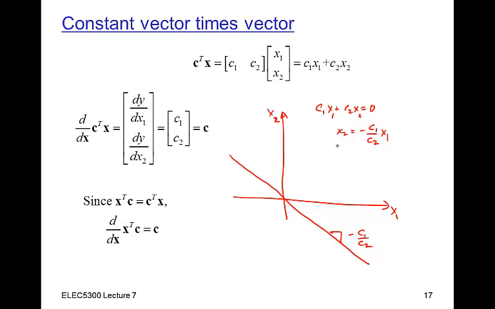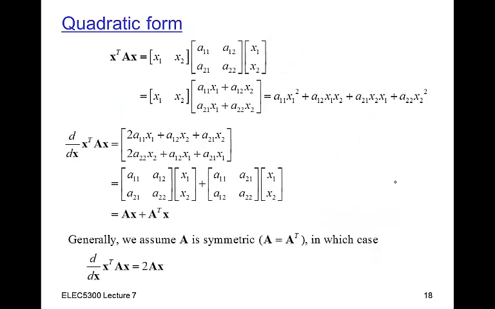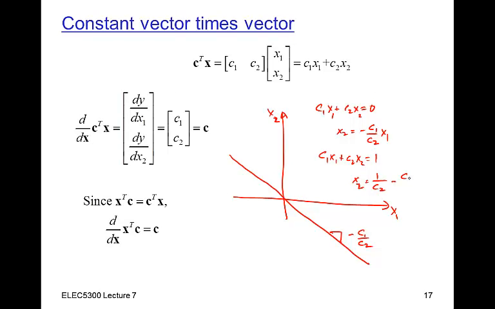So for example, if I looked at c1 x1 plus c2 x2 is equal to 1, then I would get x2 is equal to 1 over c2 minus c1 divided by c2 times x1. So that is exactly the same slope, it's just moved up by 1 over c2. And in that case I would get something maybe that looks like this.